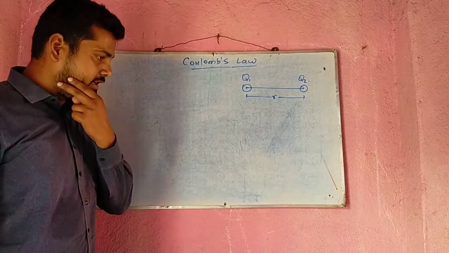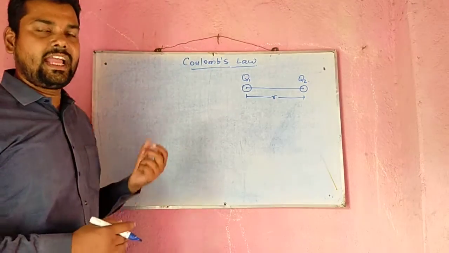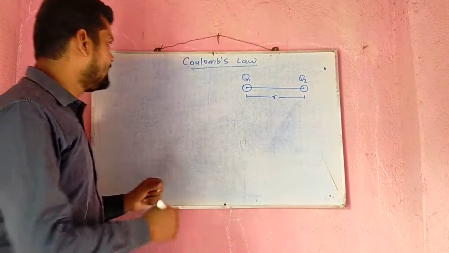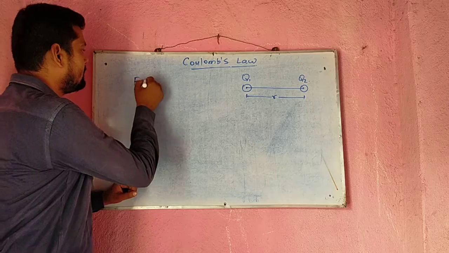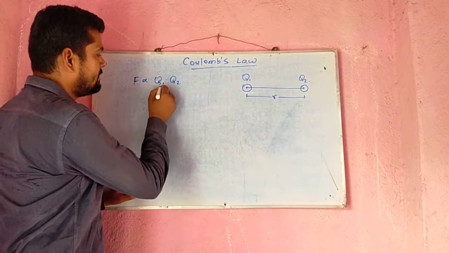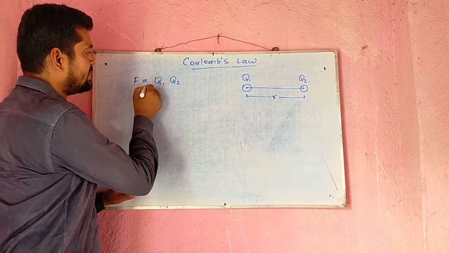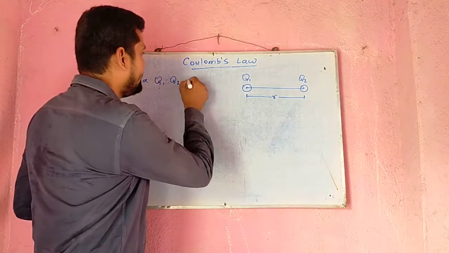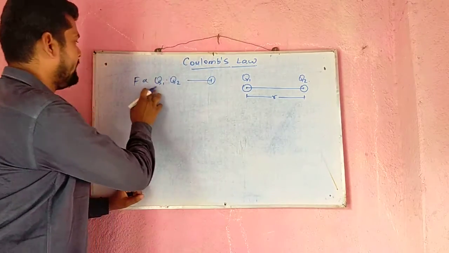So what does Coulomb say? That the force acting between these two charges is directly proportional to the product of charges. That means q1 into q2 is directly proportional to force. Let it be equation number 1.